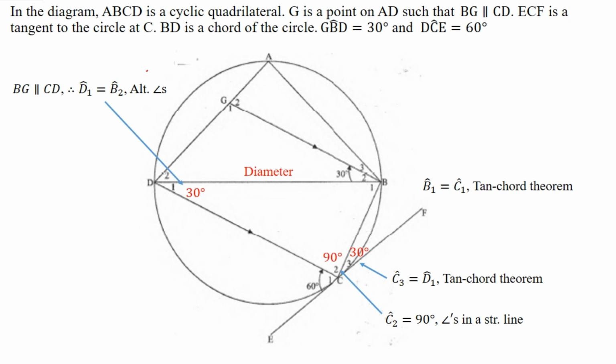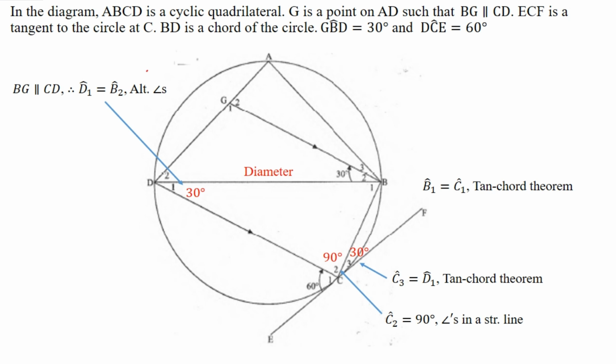Looking at angle C1 and angle B1, you can see that angle C1 is an angle between the tangent and the chord CD, and the chord CD is one side of a triangle.